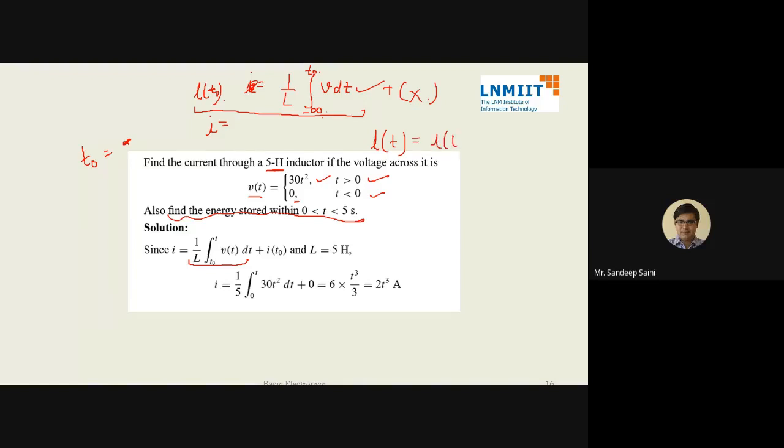First of all, take the value at t naught, and then calculate the remaining part from t naught to t of v dt, whatever is happening, with 1 by L. Is this fine now? Whatever happened up to t naught, I have the value. After t naught, whatever is happening, I will calculate. And t naught does not mean it is always 0 second. It can be 5 second, it can be minus 5 second, it can be anything. Is that fine?